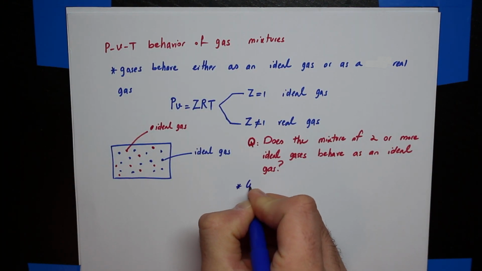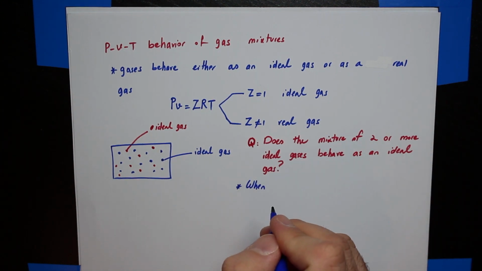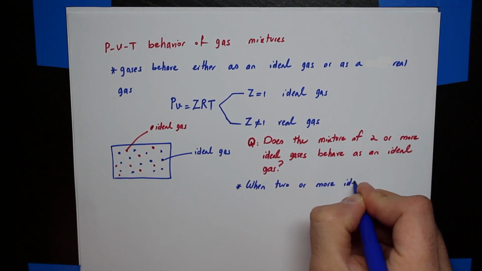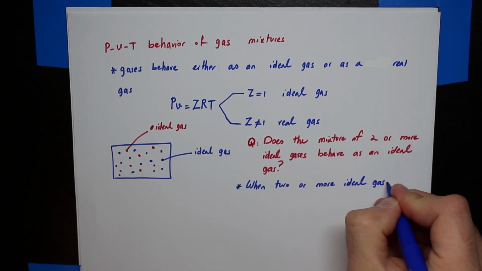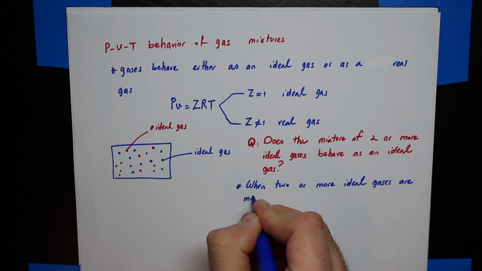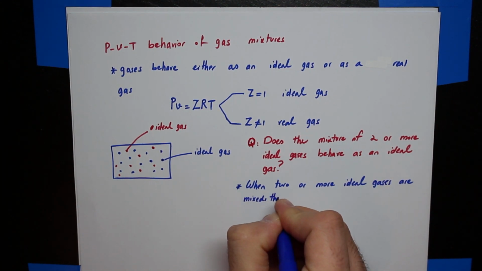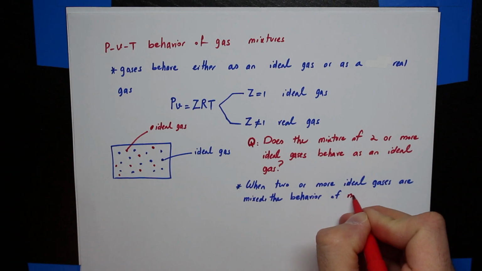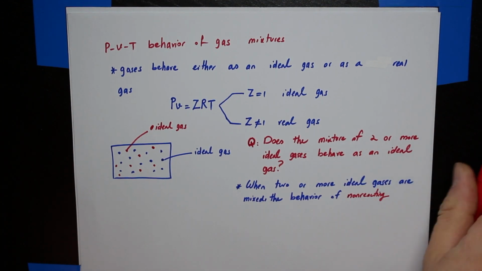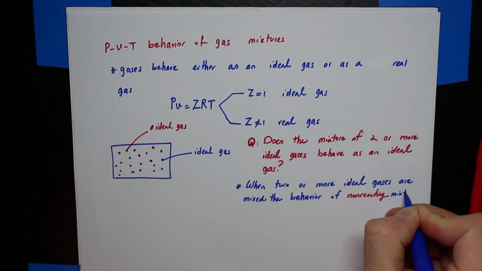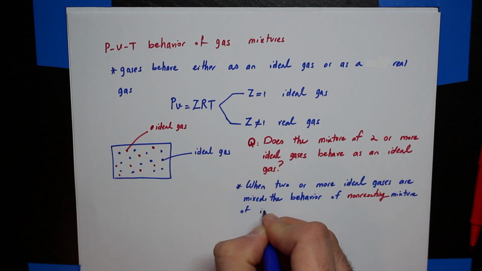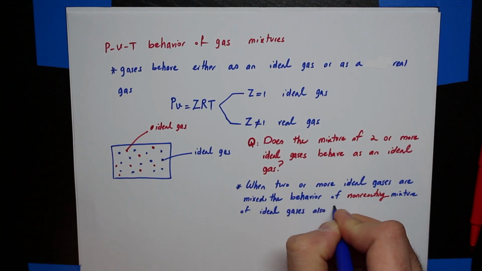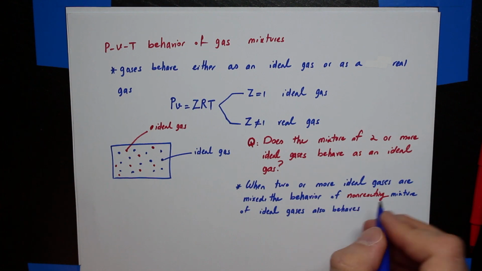So the bullet item which relates to this question says: when two or more ideal gases are mixed, the behavior of a non-reacting mixture of ideal gases also behaves ideally.